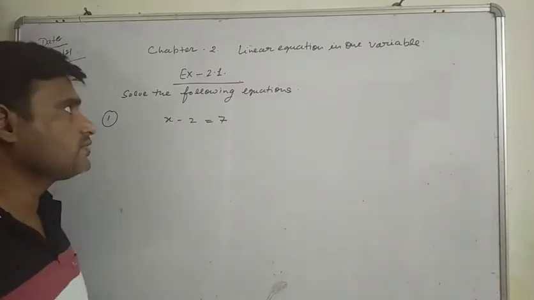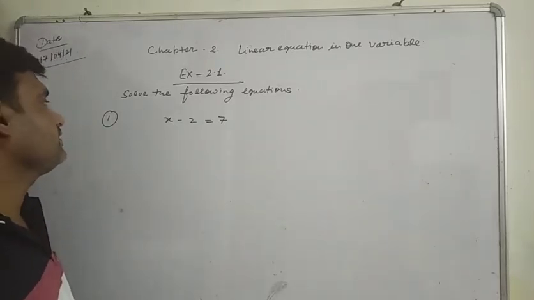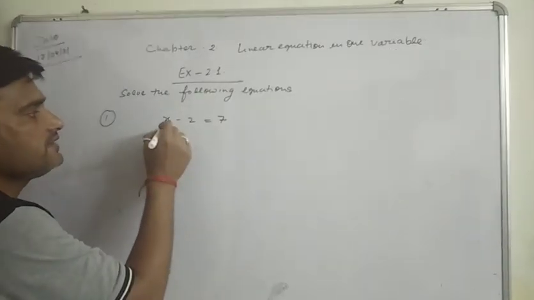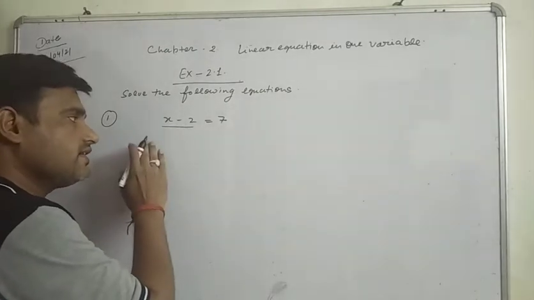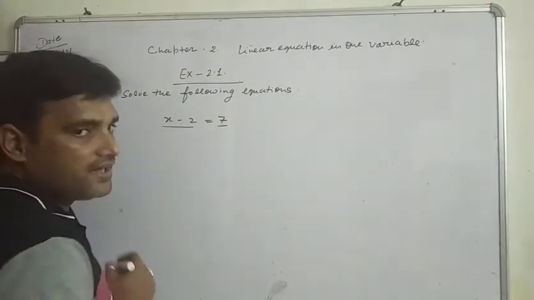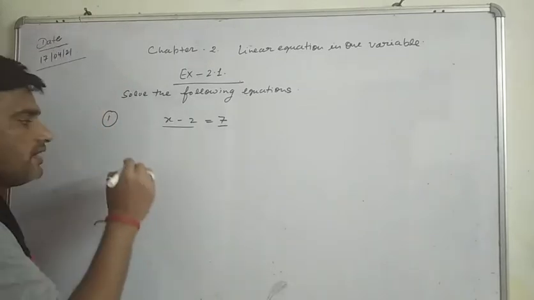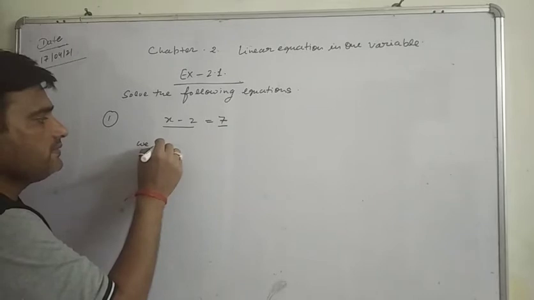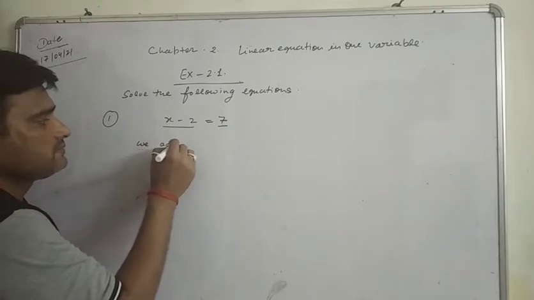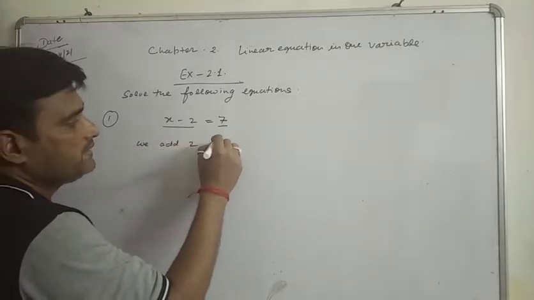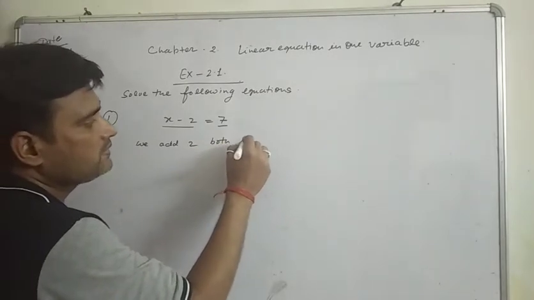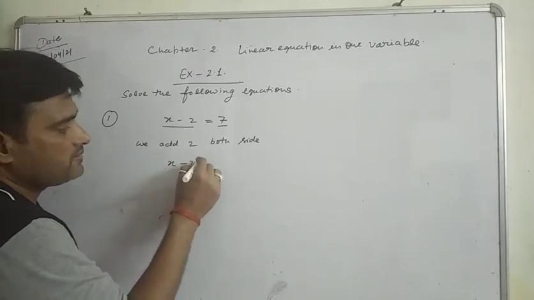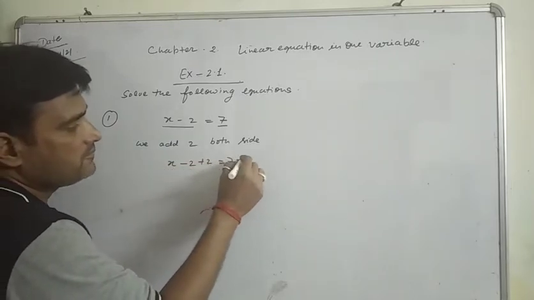Now we solve exercise 2.1. Solve the following equation. Question number 1, x - 2 = 7. Here you see that this is the linear equation in the LHS part and a number in the RHS part. Now we add 2 to both sides. Now you see x - 2 + 2, 7 + 2.